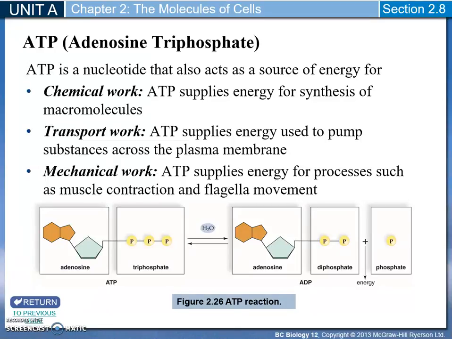So it's a source of energy for chemical work, for the synthesis of macromolecules, for transport, for example, to pump substances across the plasma membrane, and also for mechanical work, supplying energy for processes such as muscle contraction and the movement of flagella within single-cell organisms.